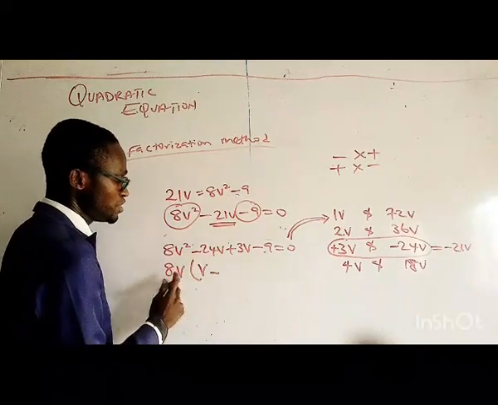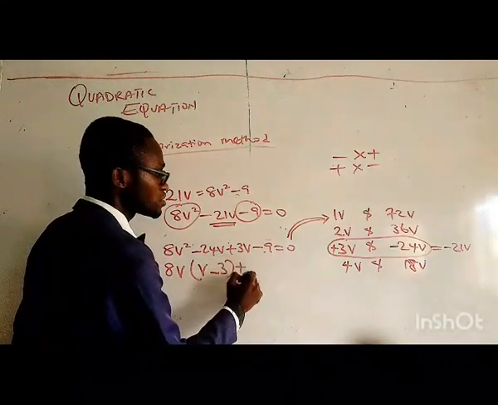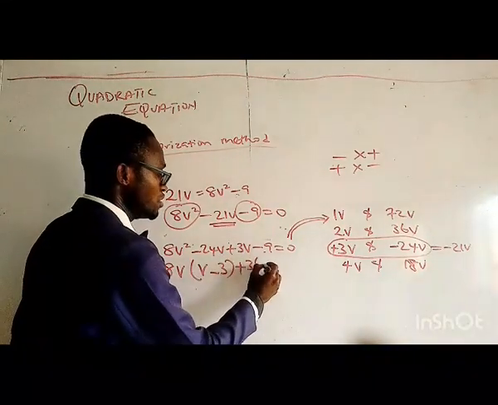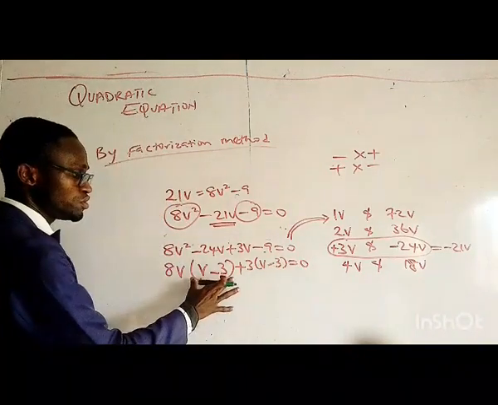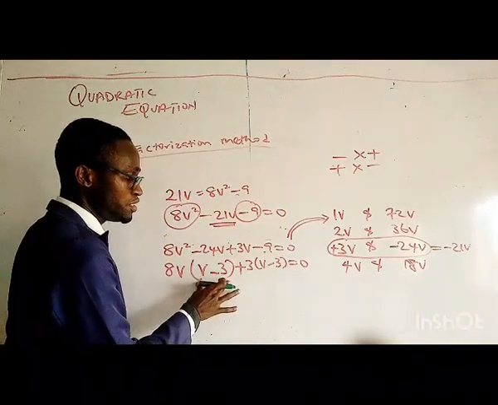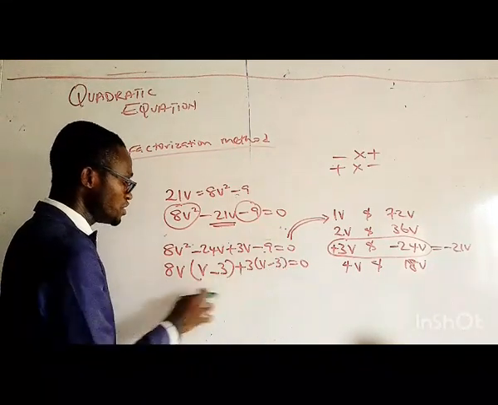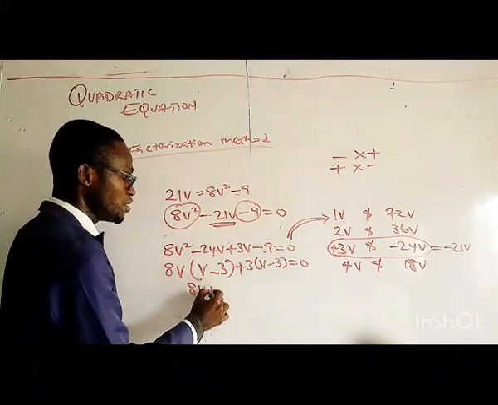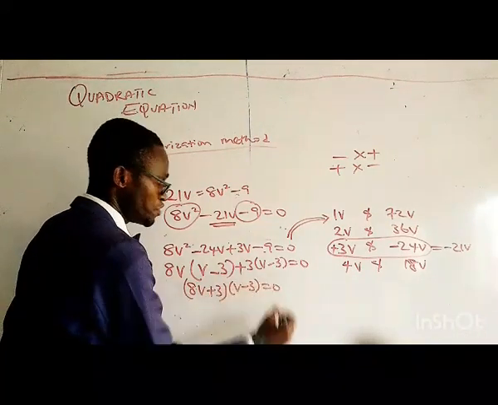Minus, remove this from this, we are going to get 3. So plus, what is common here is 3, so we're going to get 3 minus 3 is equal to 0. As I said earlier on, this bracket and this bracket should be the same to show that we are correct. So we'll bring these two together: 8v plus 3, v minus 3 equals to 0.